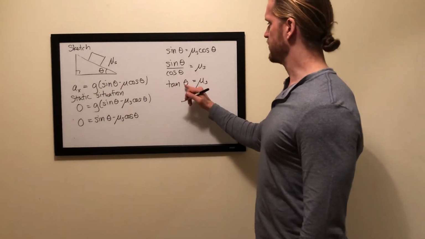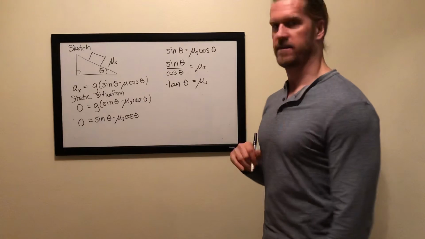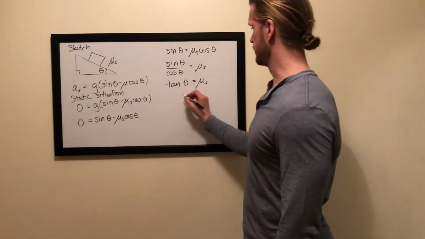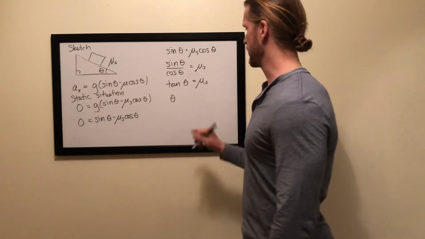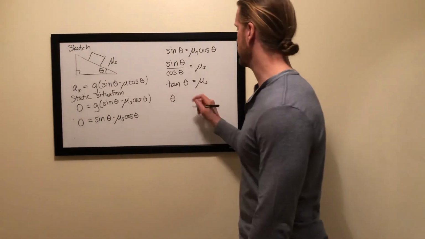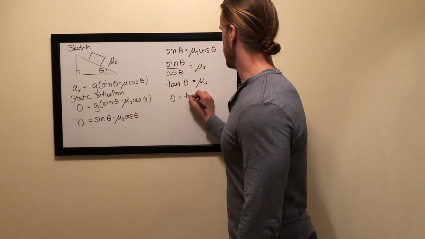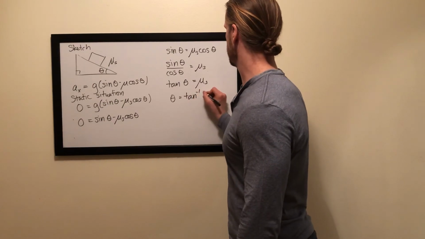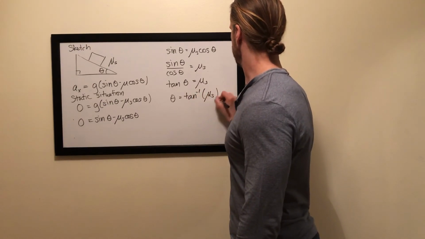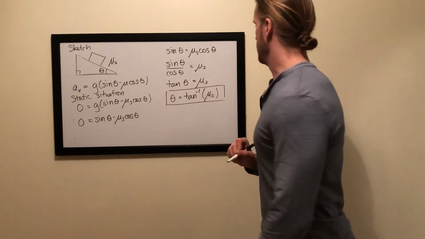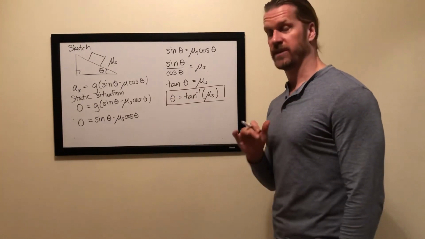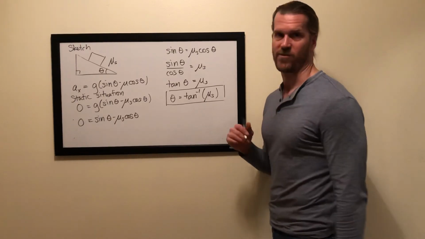And now we have this relationship between angle and coefficient of static friction. So if we are given the coefficient of static friction and we want to find that maximum angle, we can just do inverse tangent, and that's the biggest angle you can have before the box starts to move.